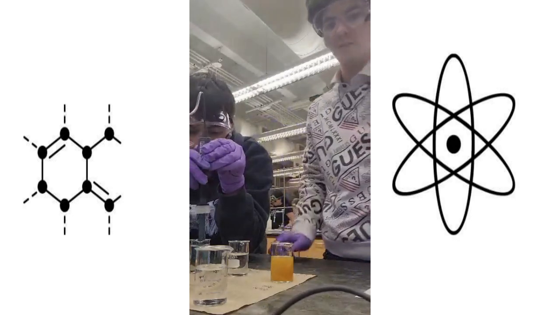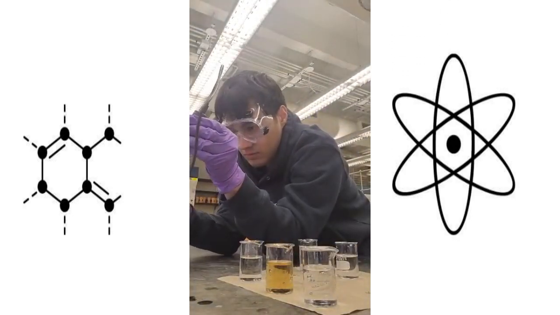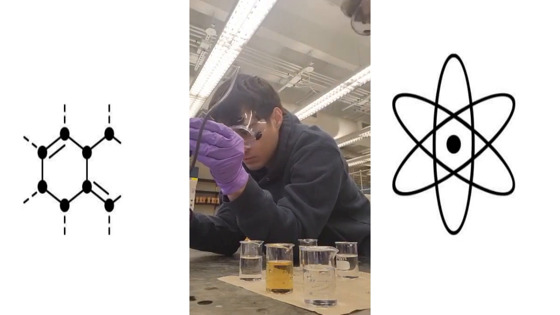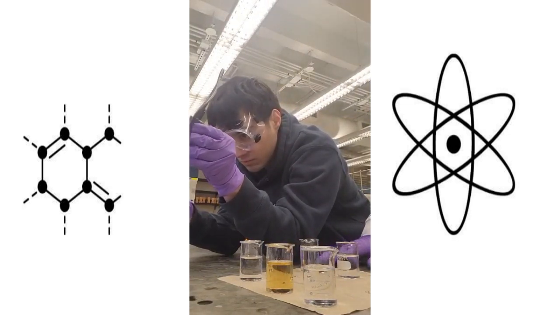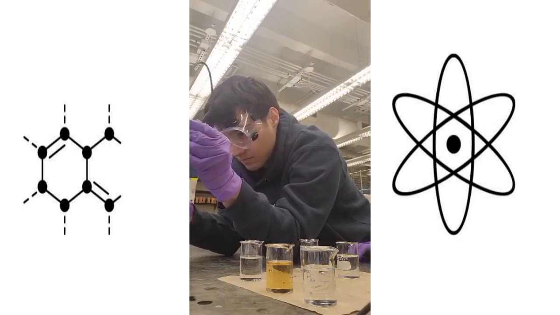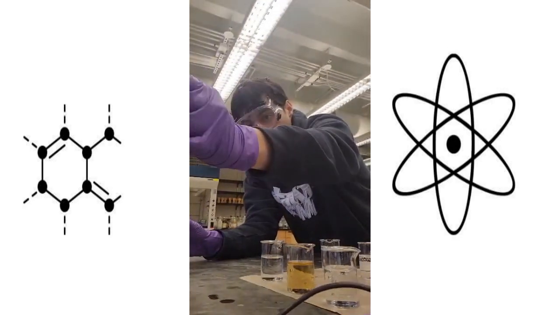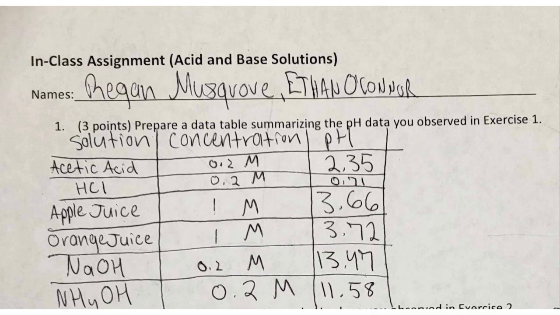Okay, take it out, and then we'll wash it out for the last time. And then we'll place it in our water. Yeah, throw it in there. Awesome. Our full results for this part are listed here.